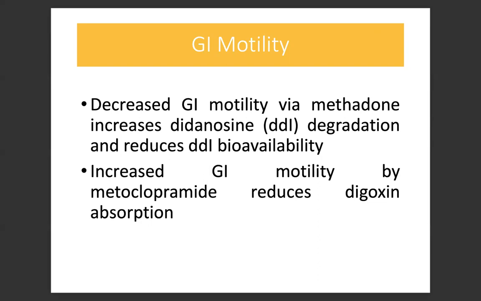Siya ma-absorb kaayo kay decreased GI motility man. So, mas slow down ang movement sa imuhang GI tract. Decreased GI motility. So, mas ma-expose siya, let's say, kung sa gastric acid. Kung increased GI motility by metoclopramide, this one reduces digoxin absorption. Again, increased GI motility by metoclopramide reduces digoxin absorption.